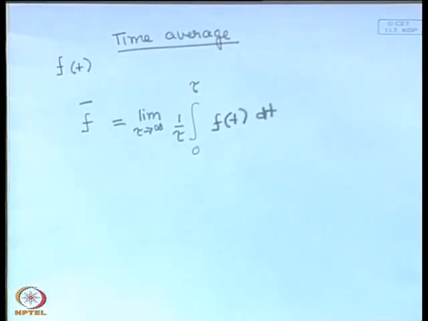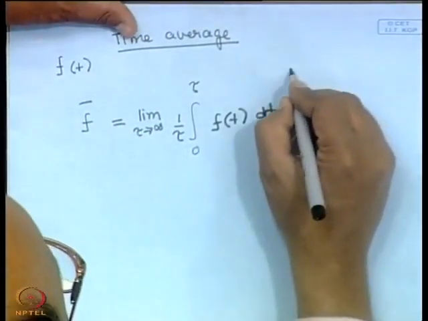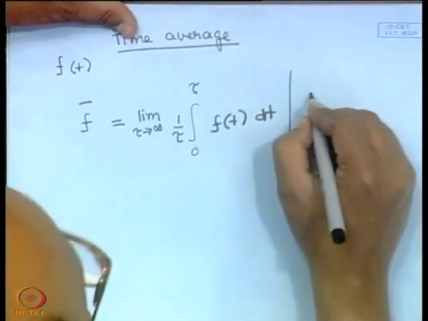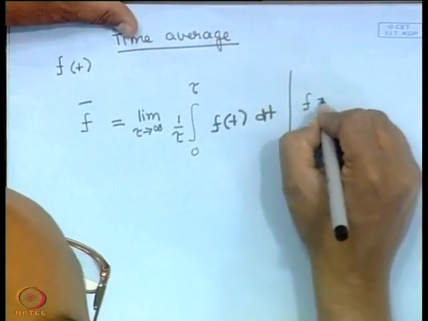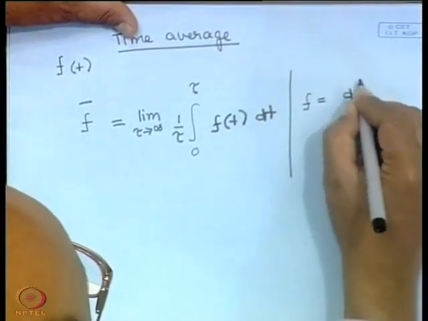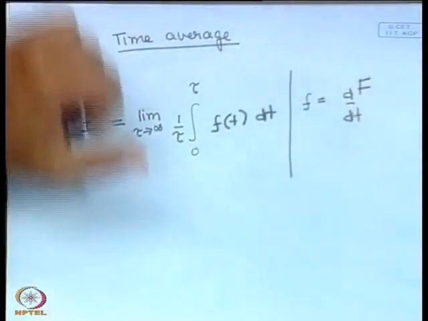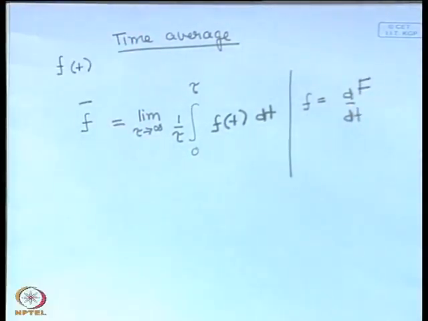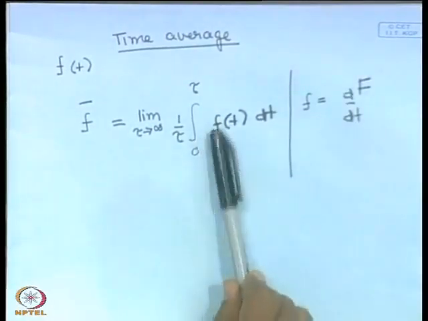This is how we define the time average, and if f, the quantity whose time average we are interested in, is the derivative of some other quantity, if this is true, then we can put this derivative in here and do the integral.